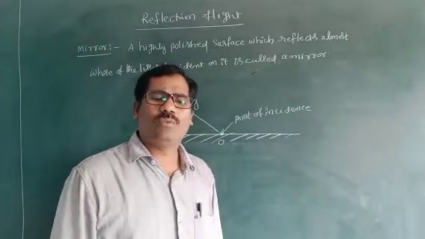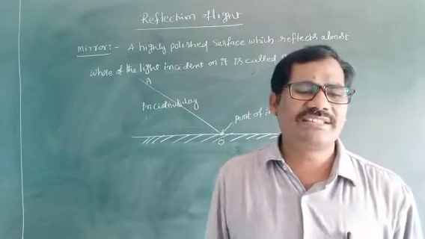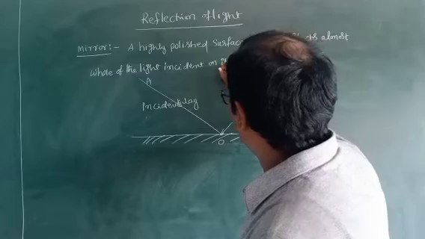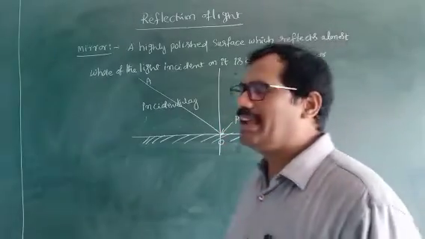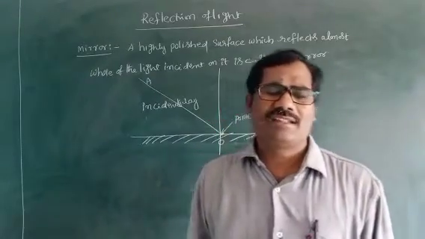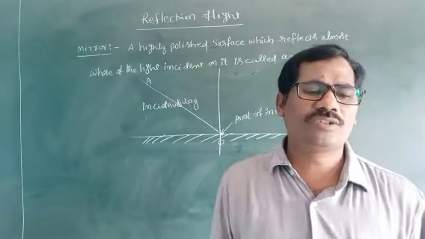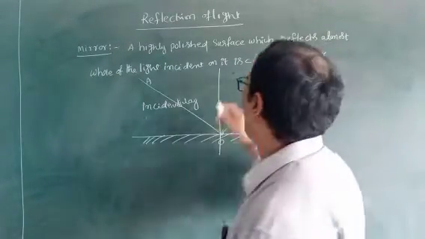Okay. Next one, what is the reflected ray? First, what is the normal? A line drawn perpendicular to the surface at the point of incidence is known as the normal.